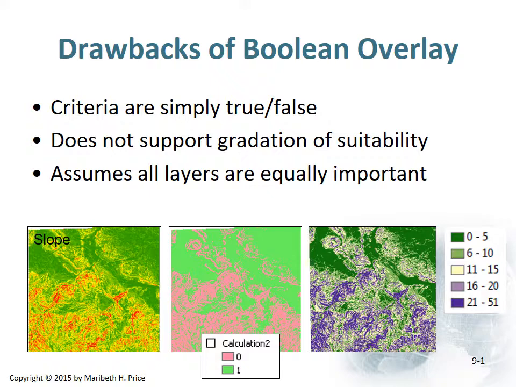Anything that we can use these rasters to analyze the environmental conditions for, we're going to face these problems, and there are a couple of things that we can do to modify Boolean inputs to make them a little bit more flexible.